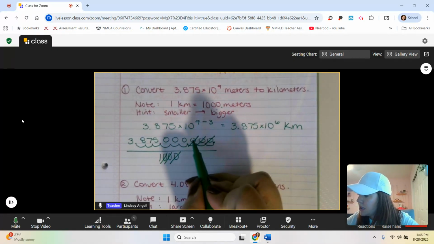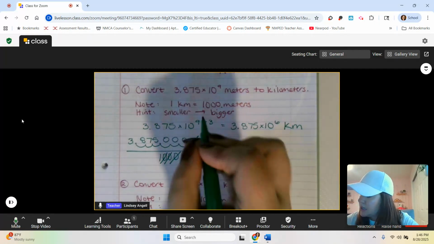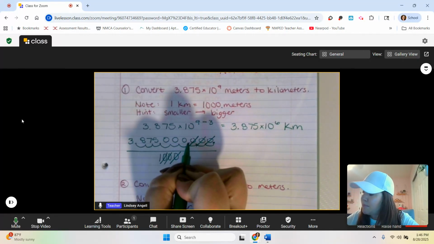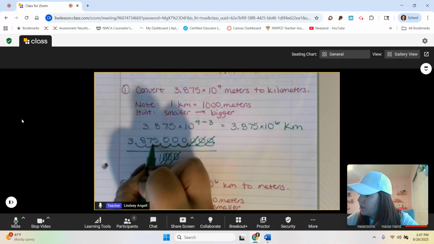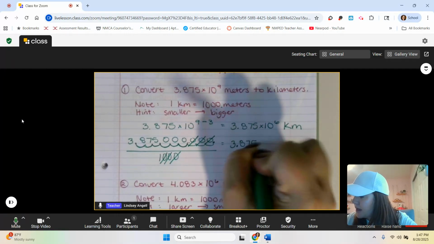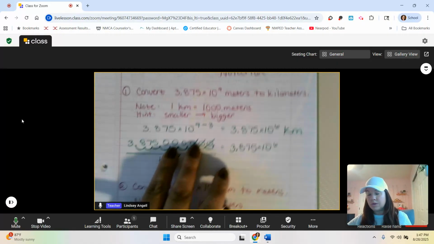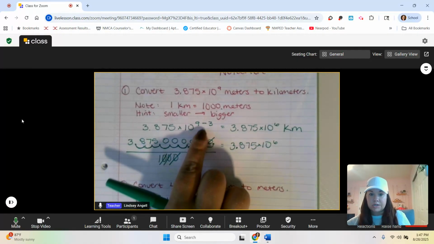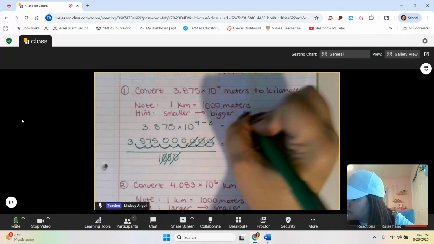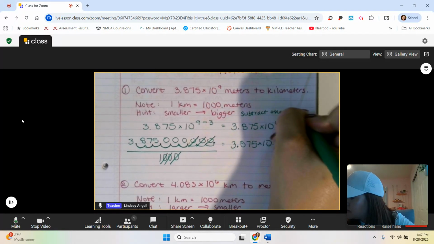Look at that, I took away 3 zeros, that's what I did right here. If I were to rewrite this number in scientific notation, I'd go 1, 2, 3, 4, 5, 6 spaces over, giving me 3.875 times 10 to the 6th. But rather than having to write all of this out, if we understand that we're going from a smaller value to a bigger value, we're going to subtract the zeros.